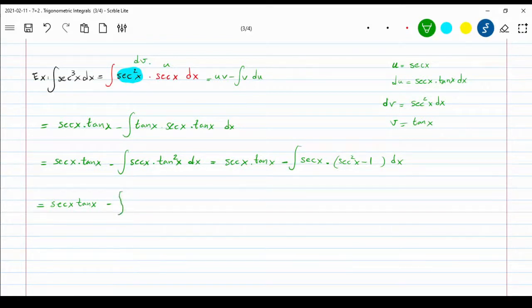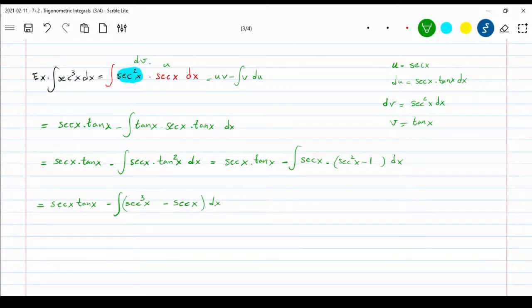I know this might look like it's too much, but after you do a similar example, you will notice that the idea is always the same. So here, if I distribute, what you get is secant cubed x dx, and secant times minus 1 would be minus secant. Let me write them next to each other, then we will separate them. Secant x dx.